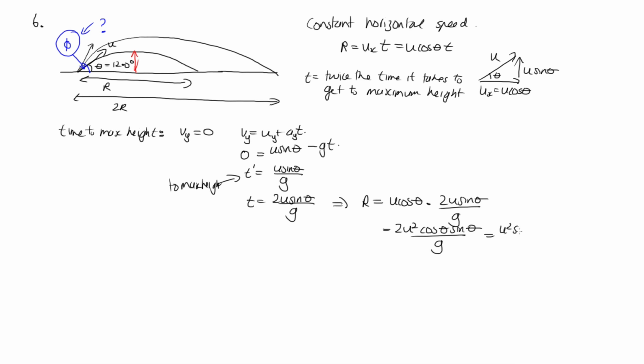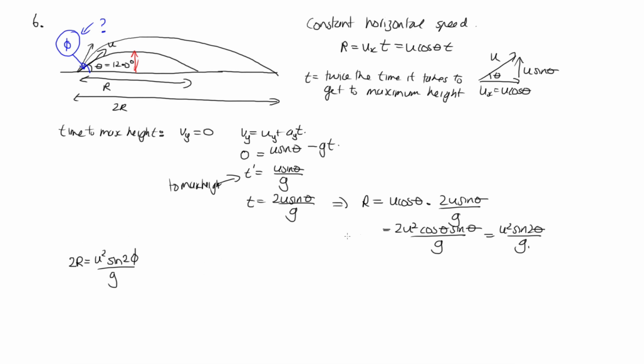So this is u squared sine 2 theta on g. Now what we're trying to find is this phi. The range is doubled, so the range is 2r, and we've got the same initial velocity u squared, but now the angle is sine of 2 phi over g. So this is one equation, and this is the other equation.